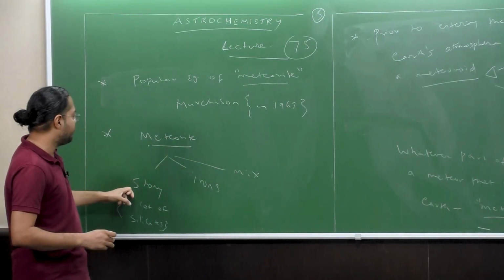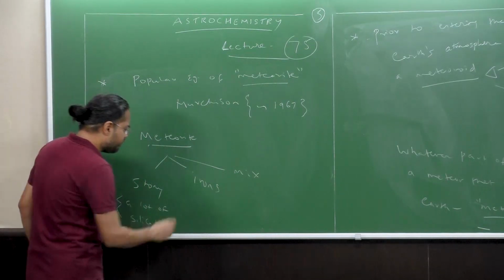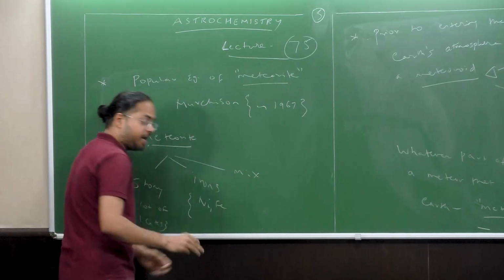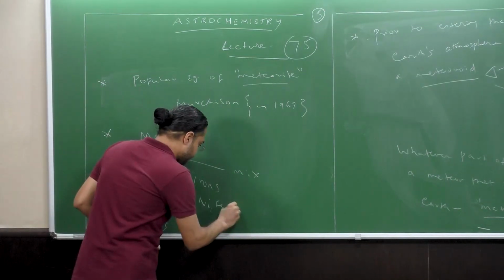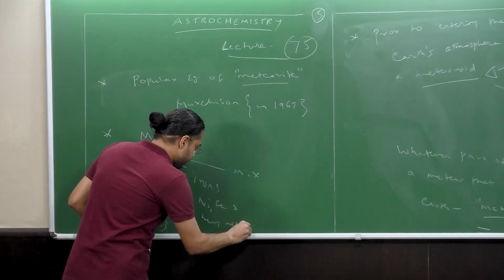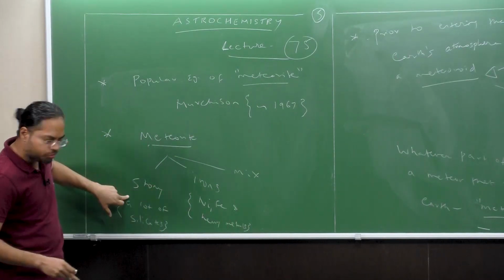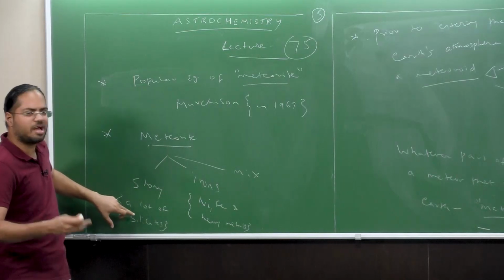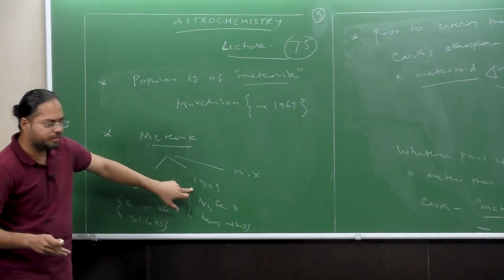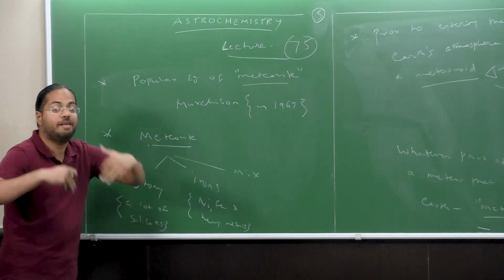So the stony meteorites contain a lot of silicates. The irons contain a lot of nickel, iron, and some other heavy metals. By the way, it is not that there are no metals in the stony class. It is just that they are less in percentage, whereas in the case of the irons, the metals are heavily dominant.